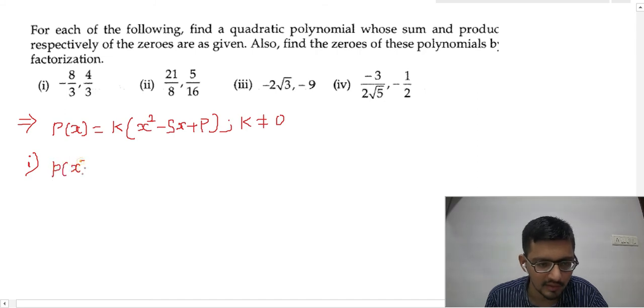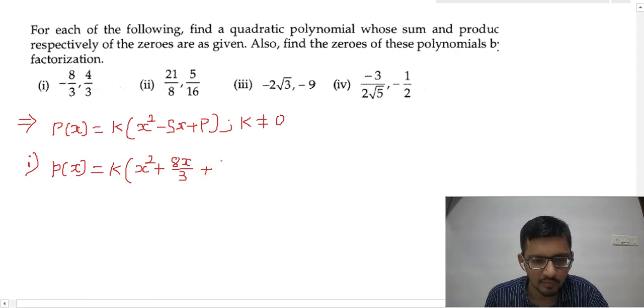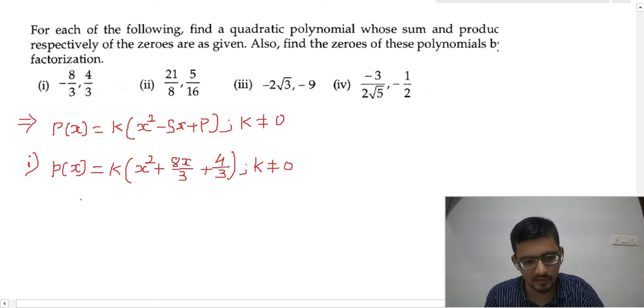So p of x is equal to what will I write? k bracket x square minus, as per formula, and sum is also minus 8 by 3, so minus minus plus 8x by 3 plus product. What is the product given here? 4 by 3. And k is not equal to 0. Class, this is your answer.